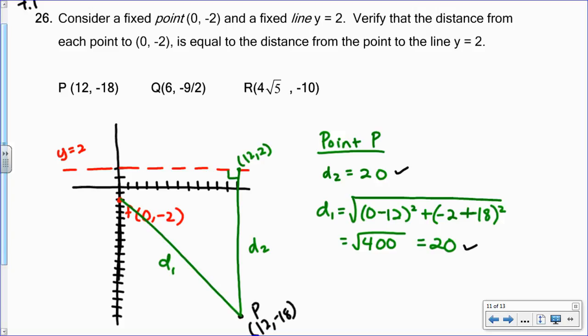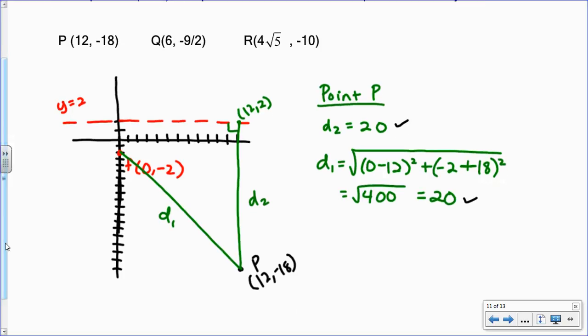And then I'm doing the same thing for Q and R. Okay, so point Q is 6, -9 halves. So let me graph that.